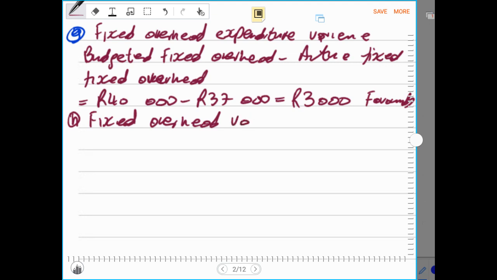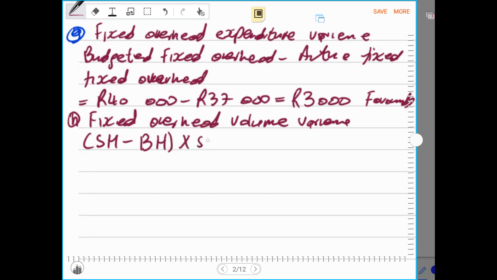Fixed overhead volume variance is standard hours minus budgeted hours.